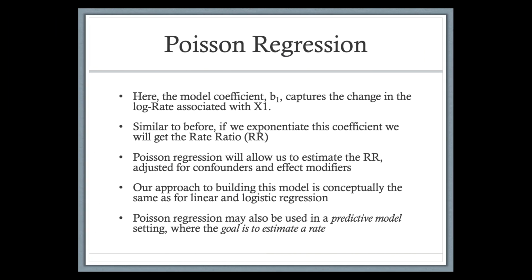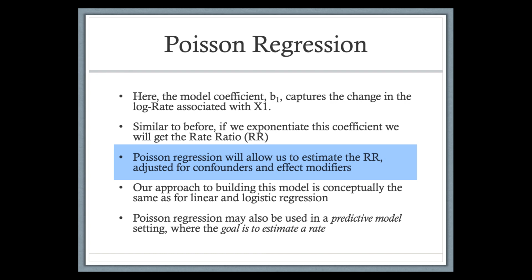In Poisson regression, the coefficient b1 tells us the change in the log rate associated with x1. Similar to before, if we exponentiate that, e to the b1, that gives us a rate ratio. Poisson regression allows us to estimate rate ratios adjusted for other confounders or effect modifiers.